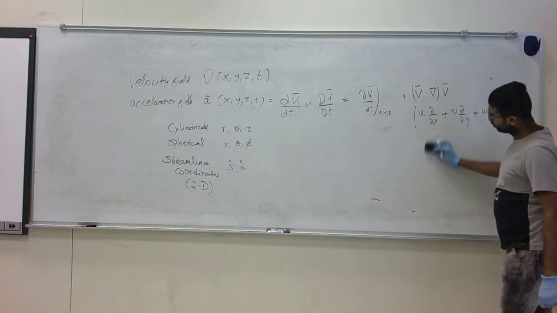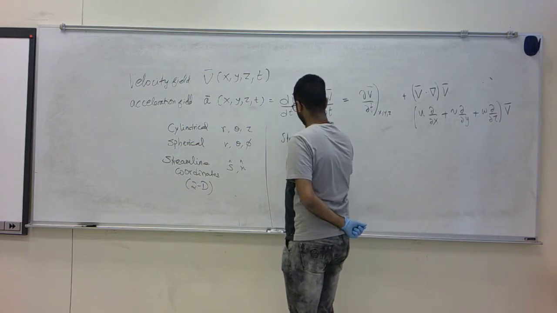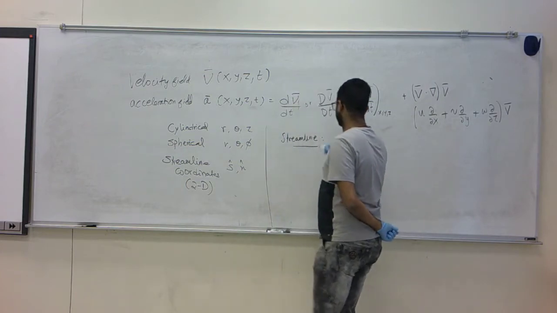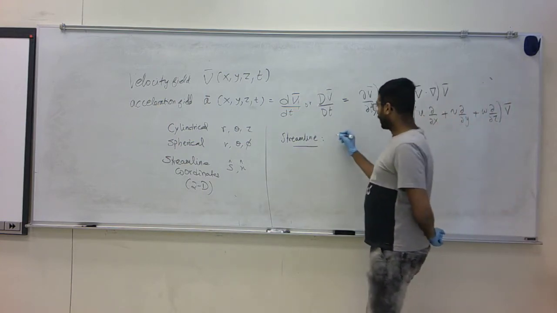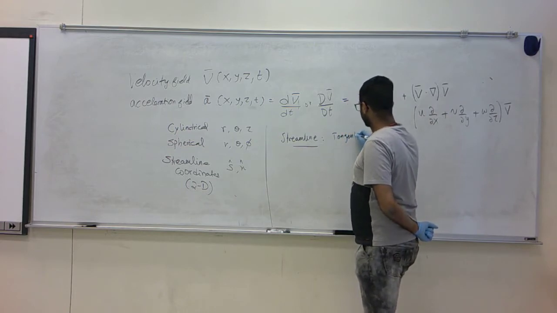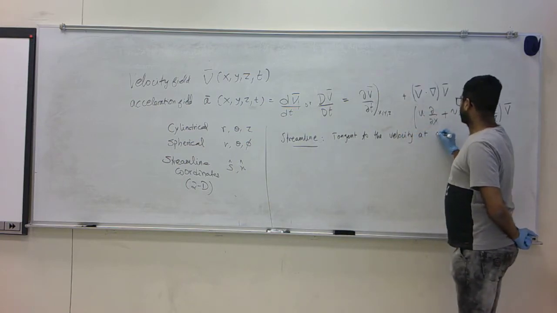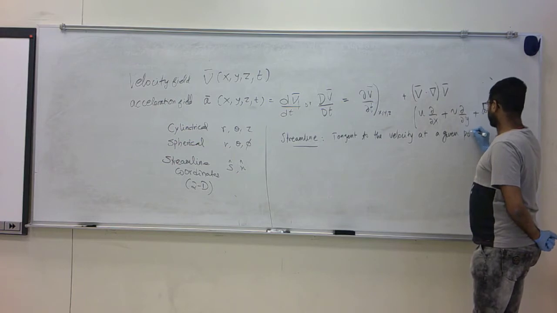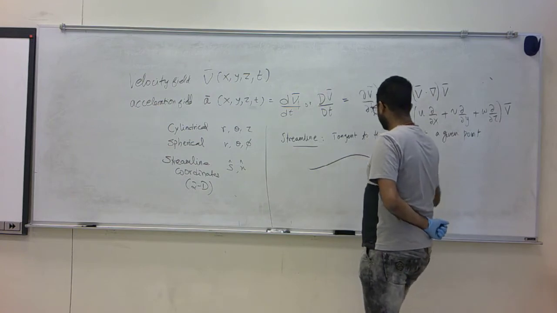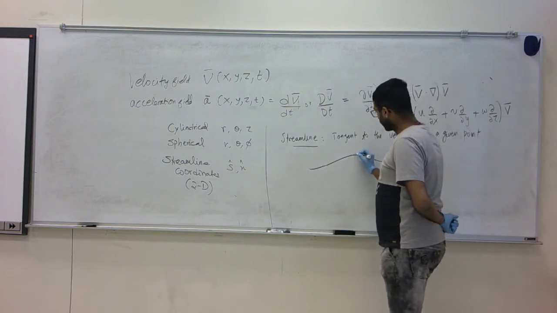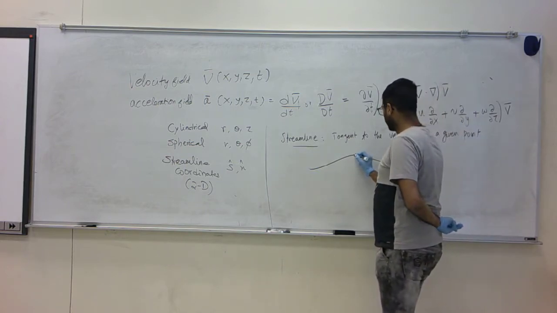In the previous video, we saw the definition of a streamline. A streamline is a curve to which the velocity vector is tangential. It is a tangent to the velocity vector at a given point. So if I have a flow and let's say this is the streamline, if I take any particular point, I can easily locate the local velocity direction by drawing the tangent to that curve.